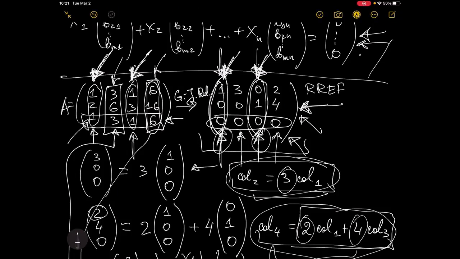Relations stay. And vice versa, these columns which do not correspond to leading ones, we know that in reduced row echelon form, they are linearly dependent on the columns which correspond to leading ones, like here or like here.